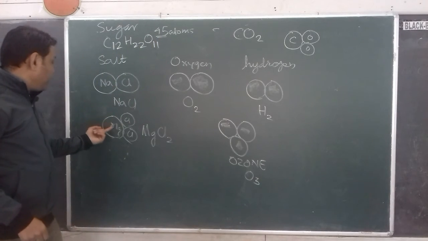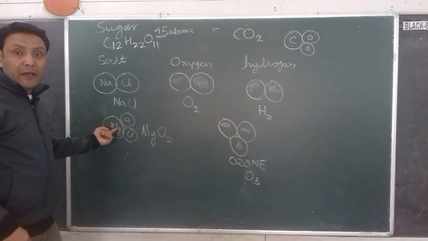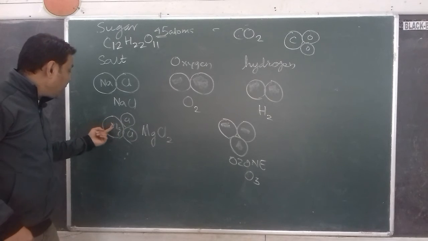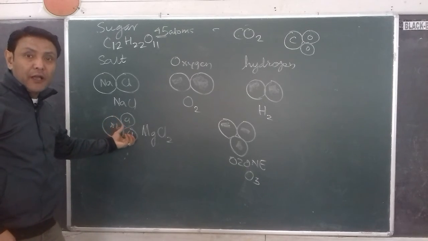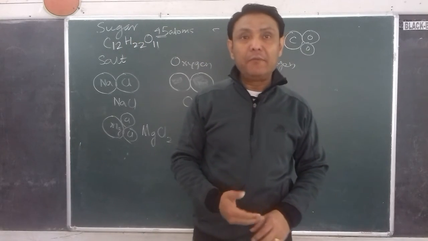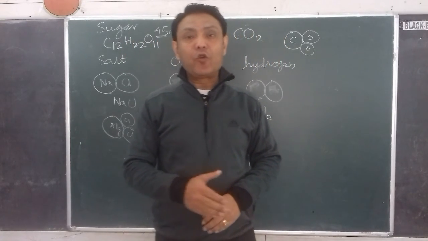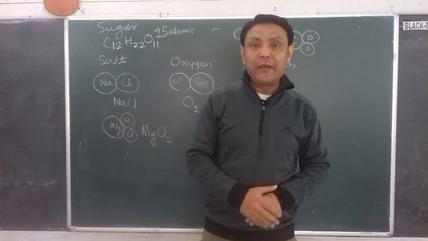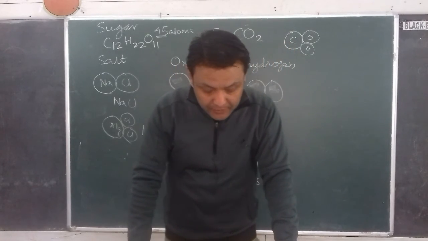But over here, there are two: one is a metal and the other is a non-metal. If a metal and a non-metal combine to form a molecule, it is held together by an electrovalent bond. Covalent bond between non-metals and electrovalent bond between a metal and a non-metal.